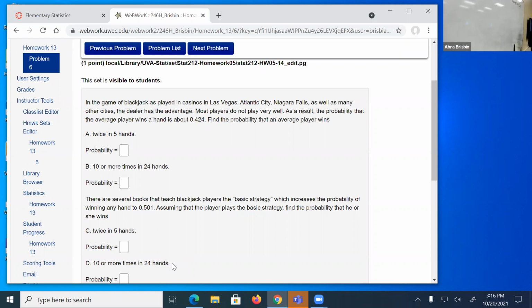And we want to find the probability that an average player wins twice in 5 hands.